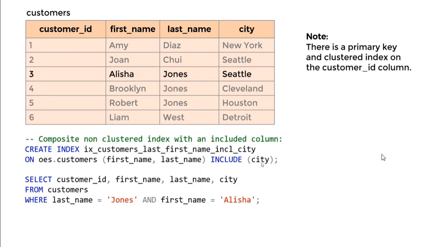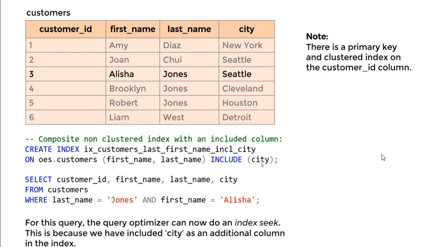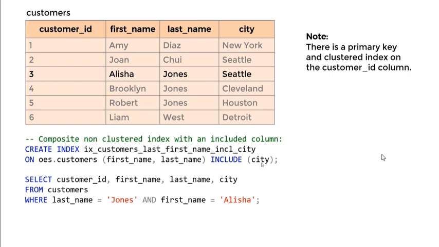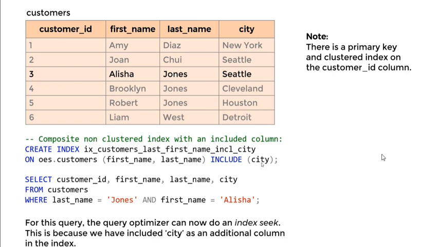In this case the column is city. So in other words, we are including the non-key column city in this index. This means that for this query, the query optimizer can do an index seek. This is because we included city as an additional column in the index.